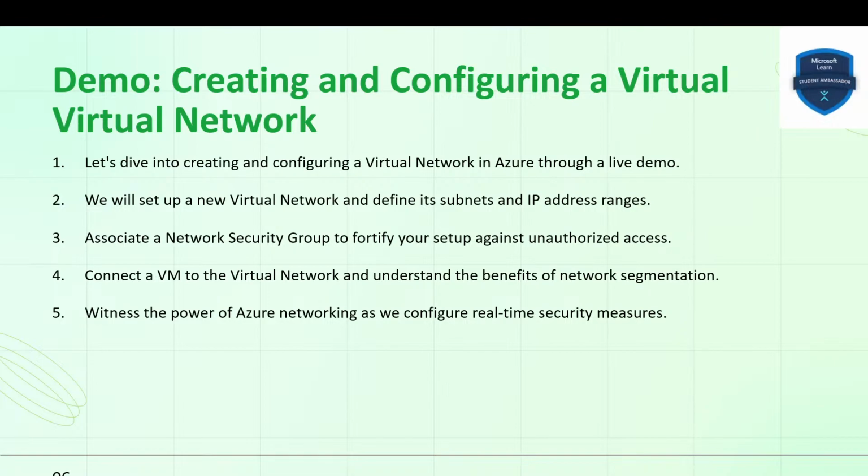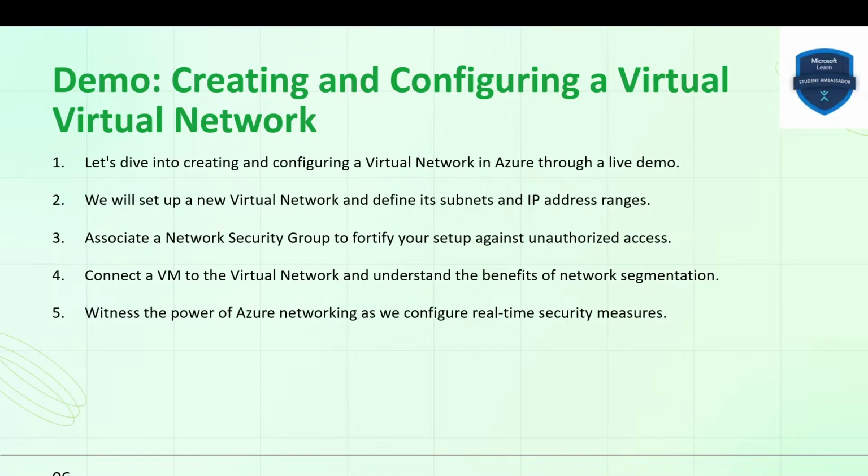Name your subnet and assign an IP range. The address space defines the range of IP addresses available in your network. Subnets further divide that space into smaller segments which can be used to isolate different workloads for better security management.